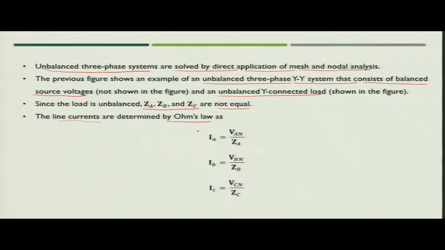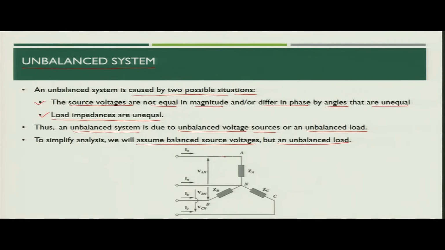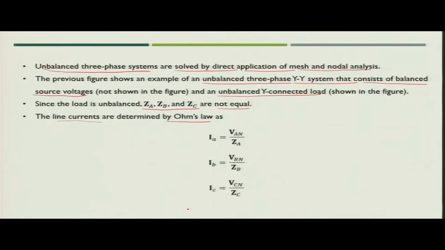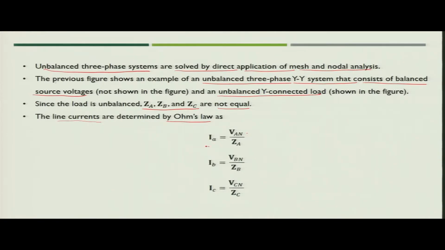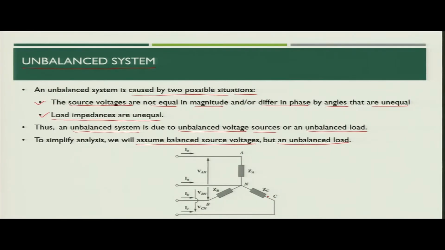I A is the line current for line A, and I B and I C for lines B and C. I A will be V A N divided by Z A, where V A N is the voltage across the impedance Z A. Similarly, I B will be V B N by Z B and I C will be V C N by Z C.